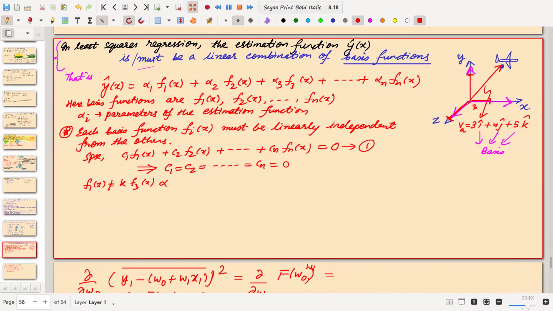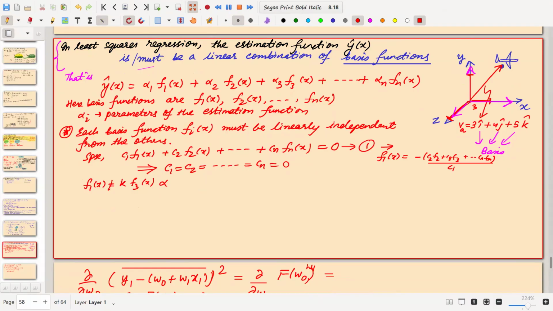So therefore, if C1 f1 x plus C2 f2 x is 0, you can easily write from here that f1 of x is equal to minus C2 f2, C3 f3, so on up to Cn fn, divided by C1. You can easily write f1 of x in terms of others, right?